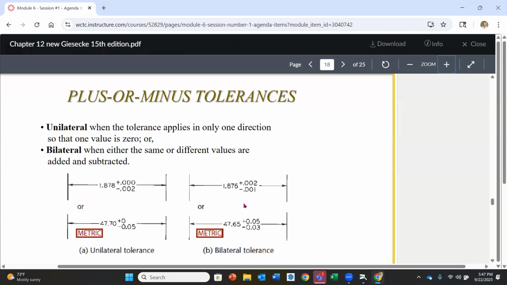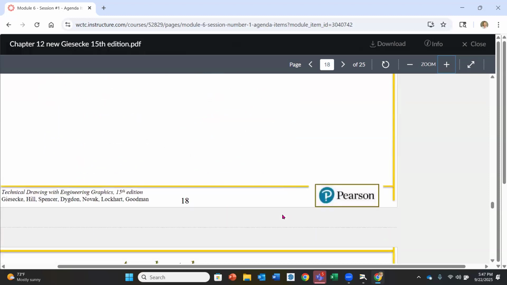Bilateral is where I give some on one side and some on the other. In this case, you'll notice it's plus 2 minus 1. In both of these cases, they're relatively critical. I would do limit dimensions. Again, think about the end result. If it's something that's even close to being critical or an important dimension, you don't want a mistake to be made. Limit dimensions give you a clear high and a low.